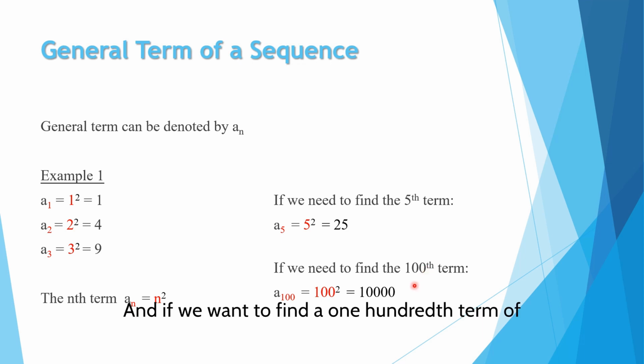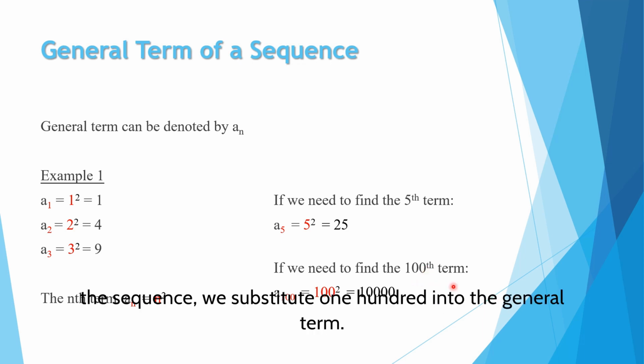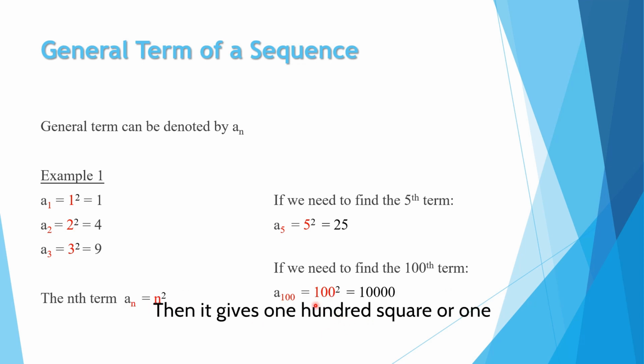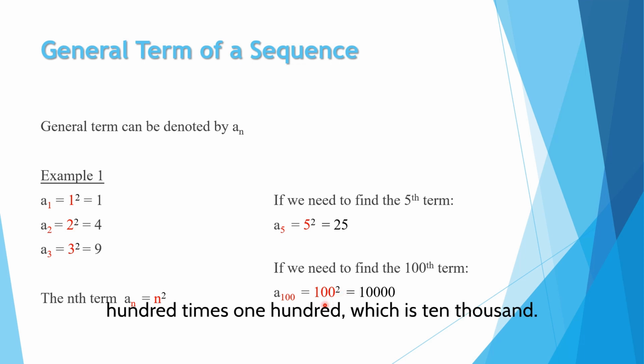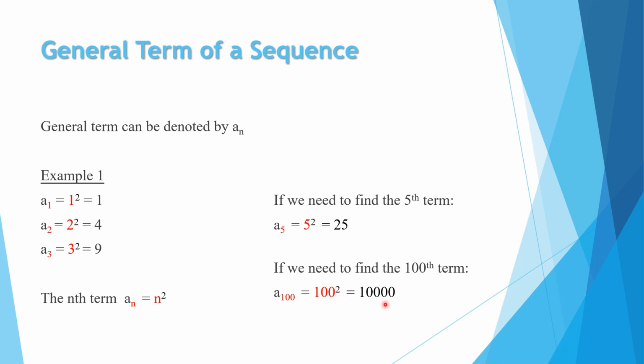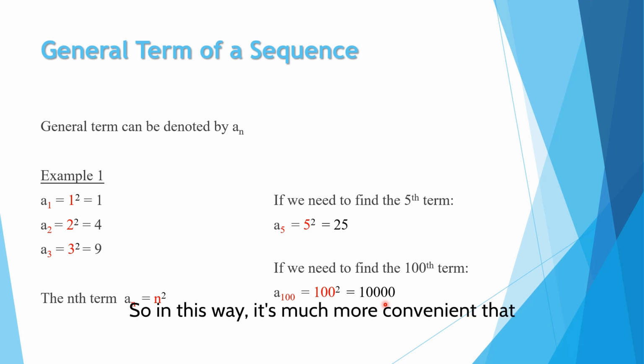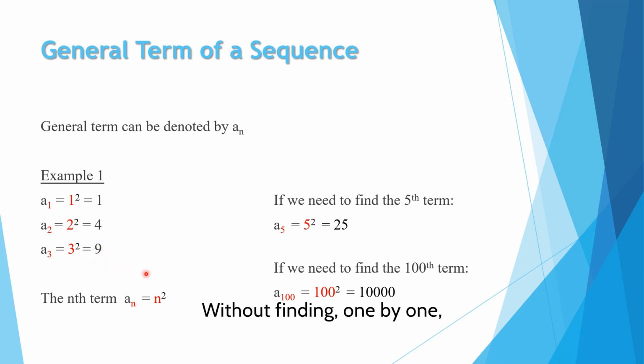And if we want to find the 100th term of the sequence, we substitute 100 into the general term, then it gives 100 square, or 100 times 100, which is 10,000. So in this way, it's much more convenient that we can find any specific term inside the sequence without finding one by one following the adjacent terms.